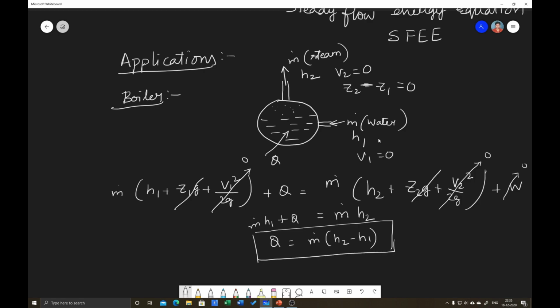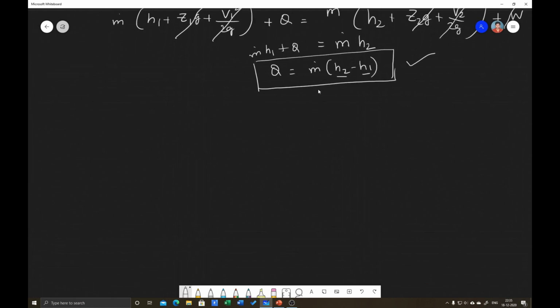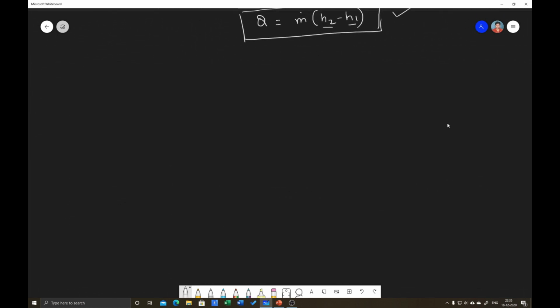So whatever heat is supplied to the boiler will help in increasing the enthalpy of the water or steam. If you apply the steady flow energy equation, we get the formula for heat supplied to a boiler. This is the application of the boiler.